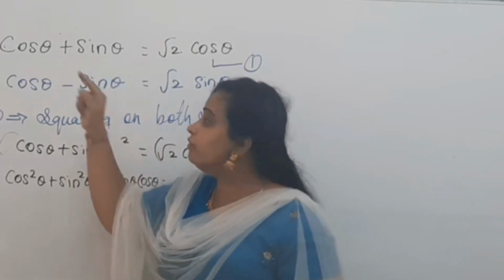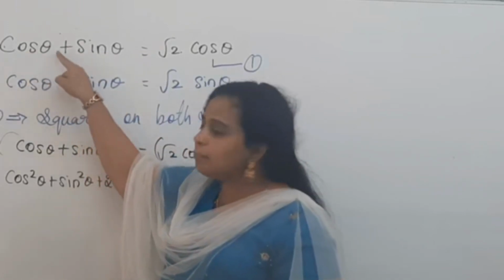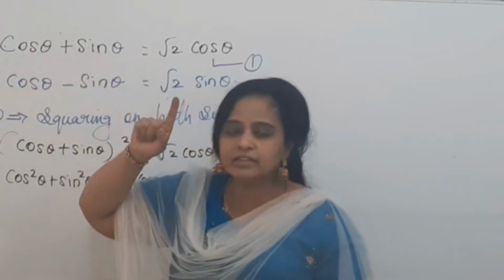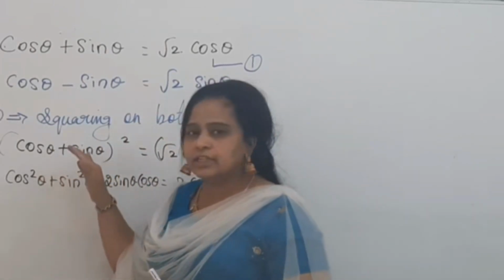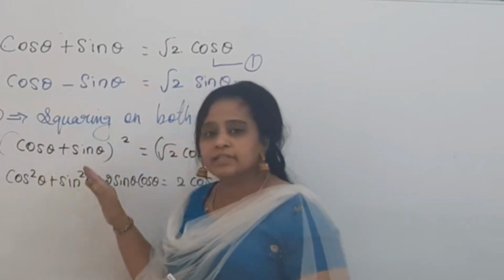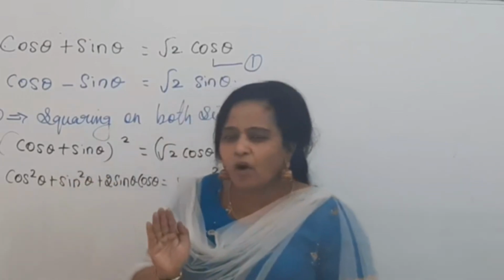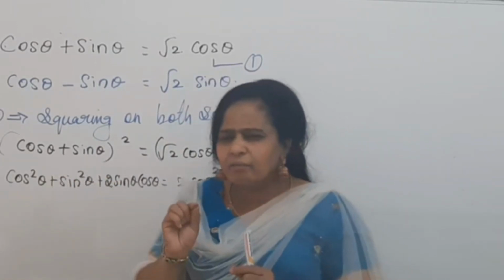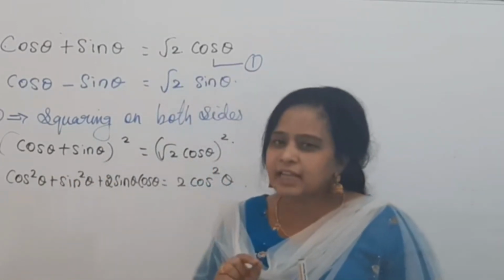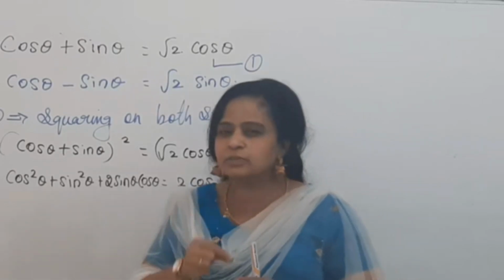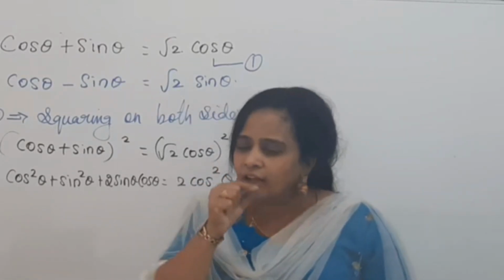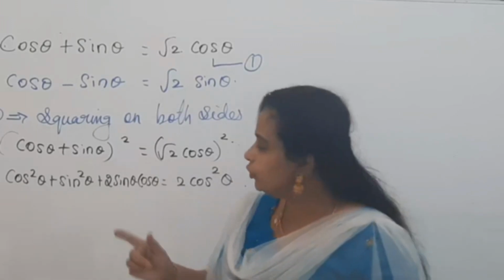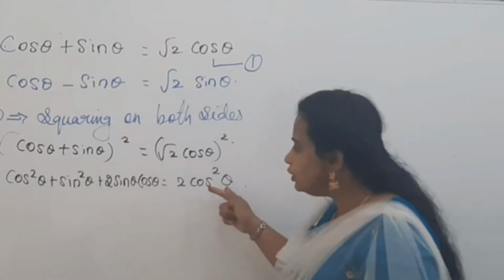But what they have given is cos theta plus sin theta. That means you are not supposed to substitute cos square theta plus sin square theta if it comes in this order. These are the very minute hints in math. Sin square theta plus cos square theta, you substitute 1. But when it comes as cos square theta plus sin square theta, you have to pause a while and think about it. Now I am not going to substitute.